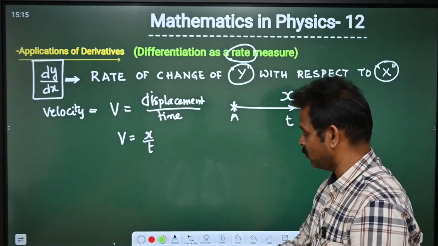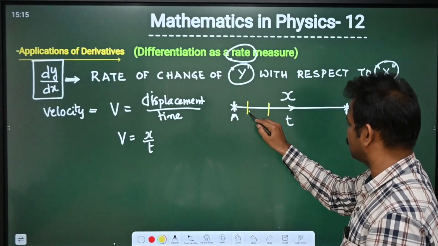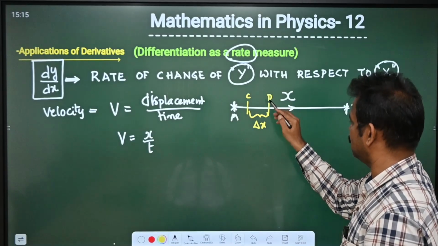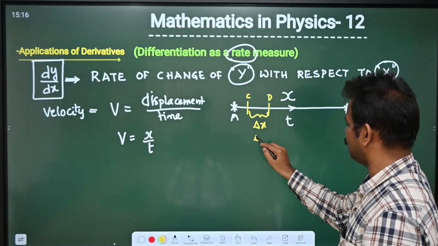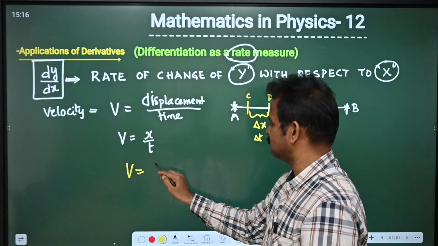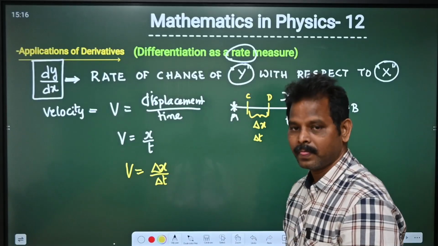In this, students, suppose you take a small displacement, only delta x between C and D, and the corresponding time will be delta t. Then velocity can also be written as delta x by delta t.